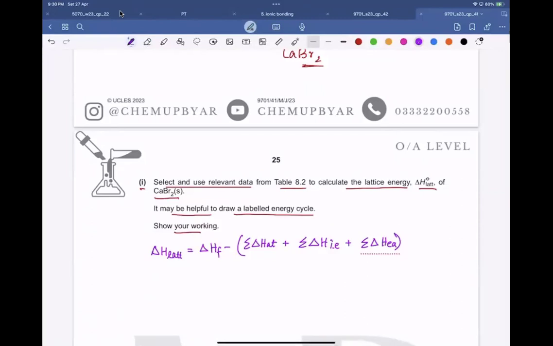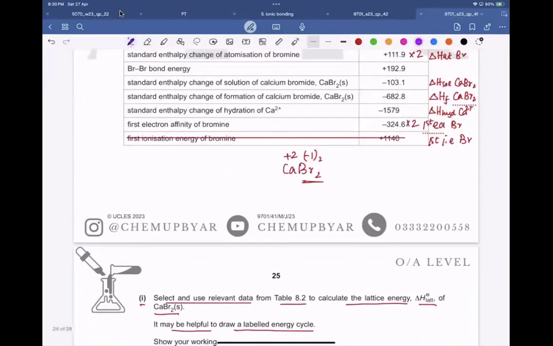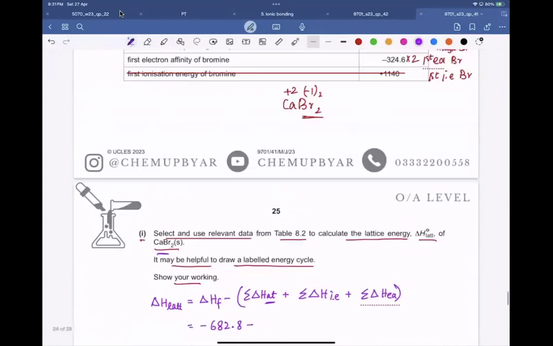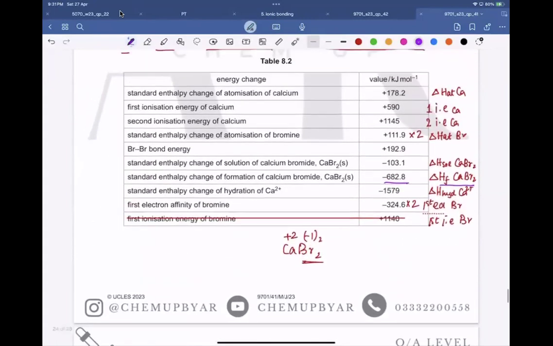Okay, so now if we go for enthalpy change of formation for calcium bromide, it's over here, minus 682.8. So minus 682.8 minus atomization, as both the elements must be atomized. So we need the atomization of both of them. Yes, Maham, we don't need the bond energy.